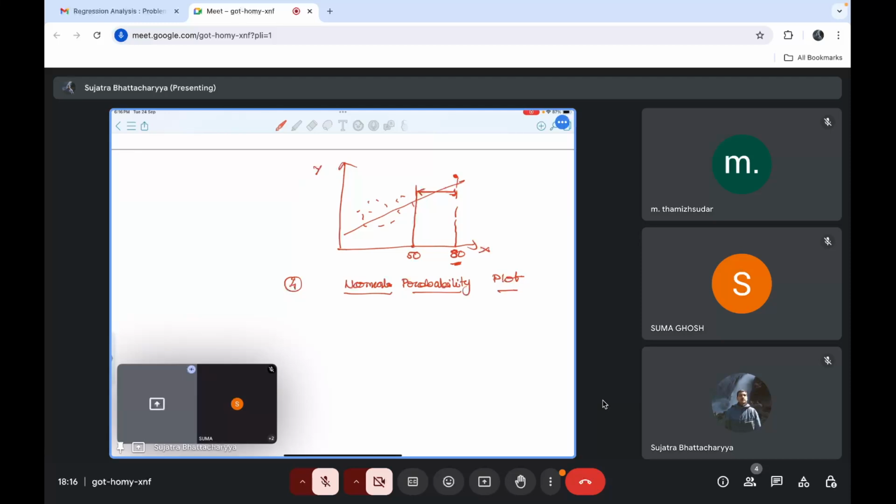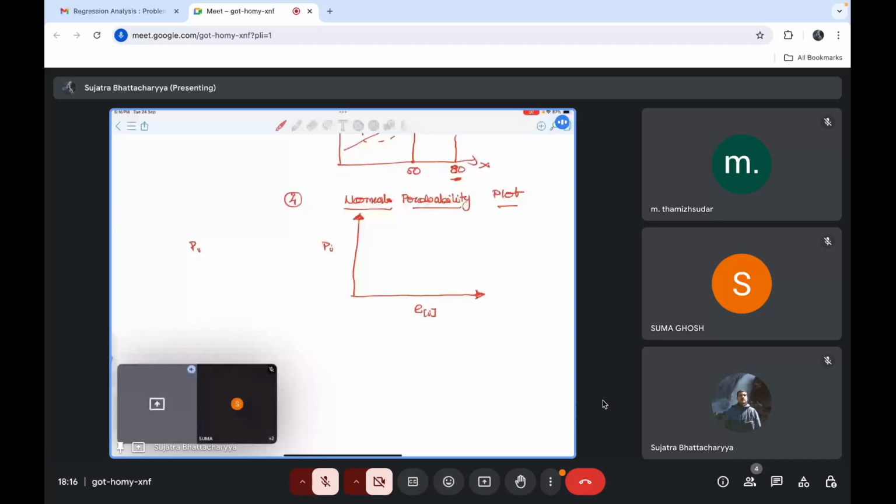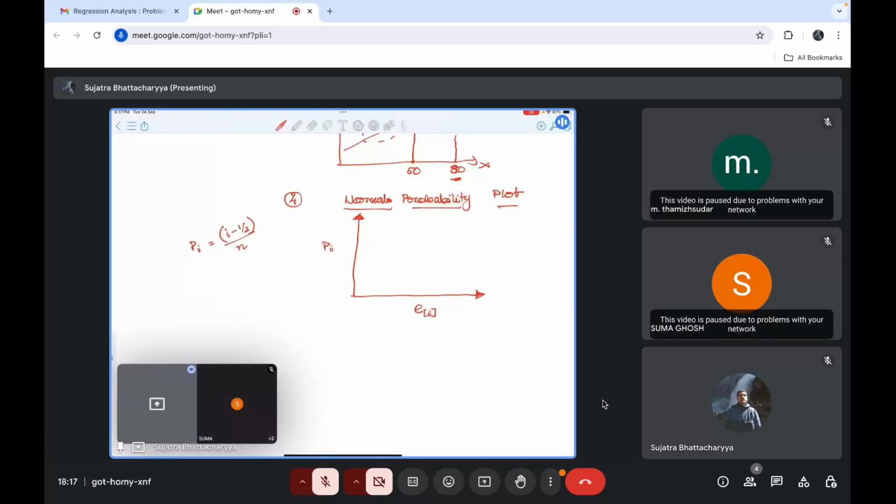What we have done there is plot the sorted residuals, and this is your p_i, the probability. This p_i, this probability, is actually (i minus half) divided by n, where n is the total number of observations and i is the ith observation.